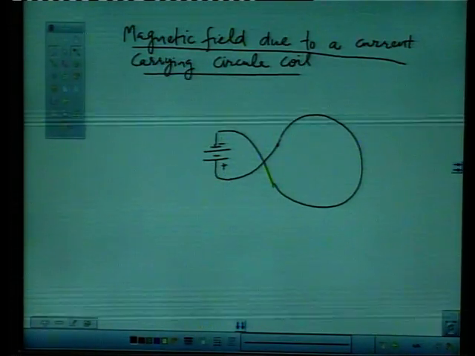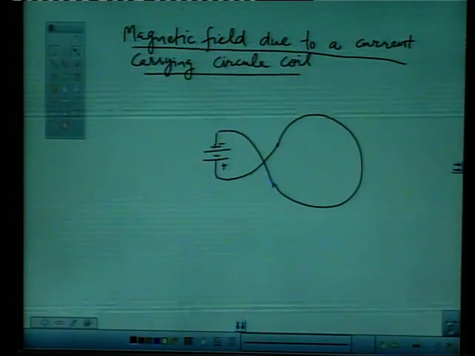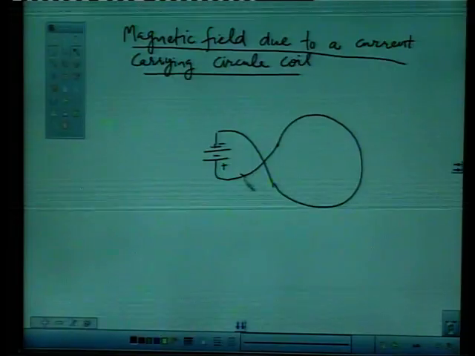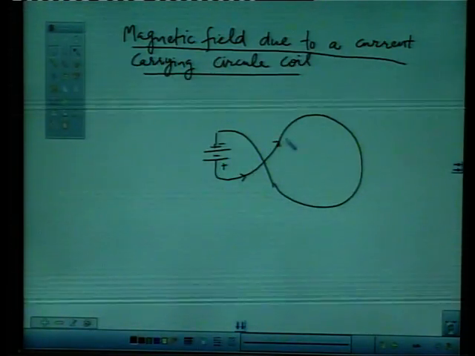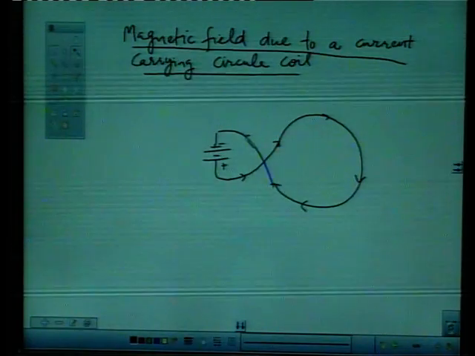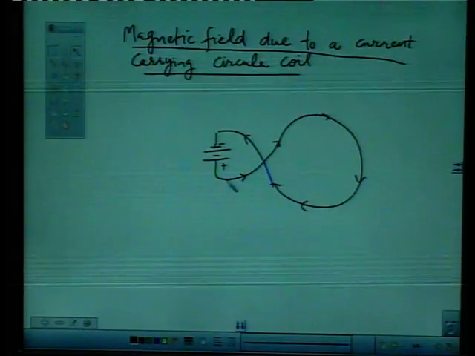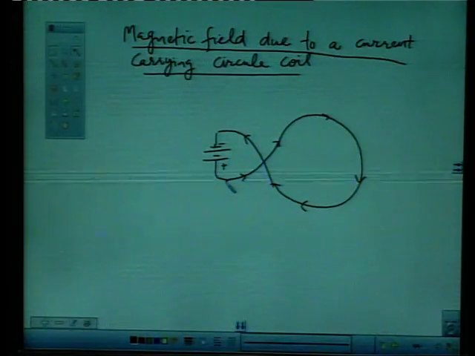Now, we can find the direction of magnetic field at each point of this coil. The current is moving from the positive terminal, so the direction of current is this. It is moving from positive to negative direction. Suppose at this point we have to find the magnetic field.